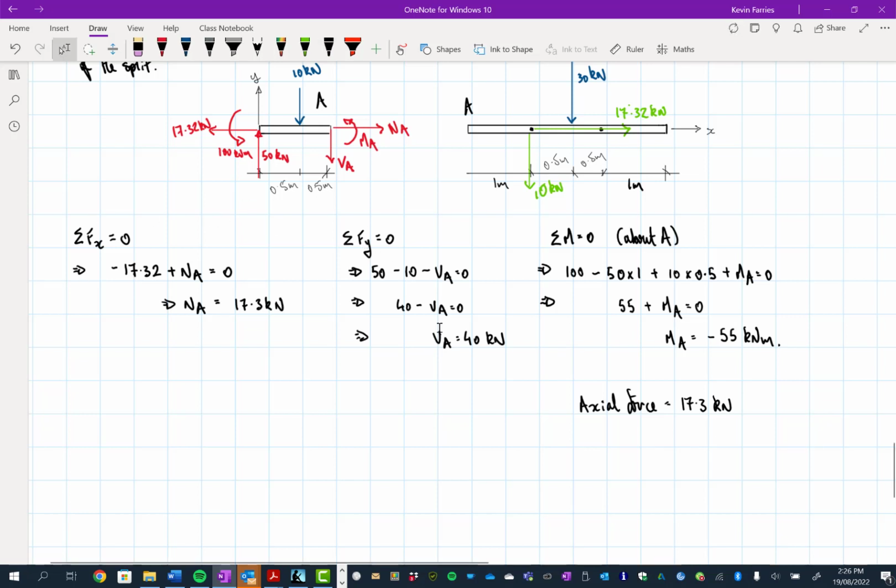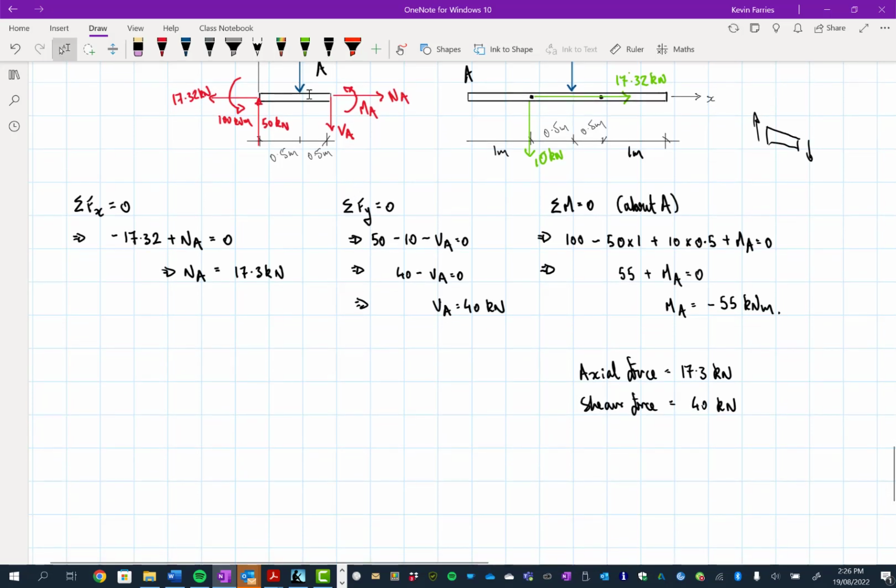The shear force also came out positive, so it was also in the right direction. And for shear, negative on the right hand side, positive on the left, that means it's a positive shear force, and that's what we're getting. So shear force is also equal to 40 kilonewtons.